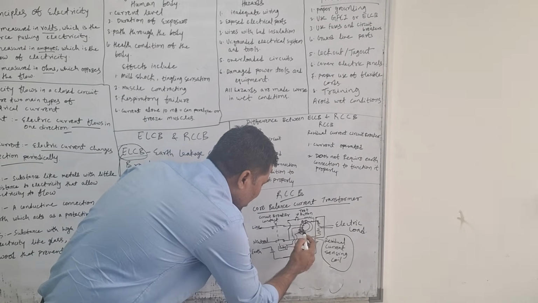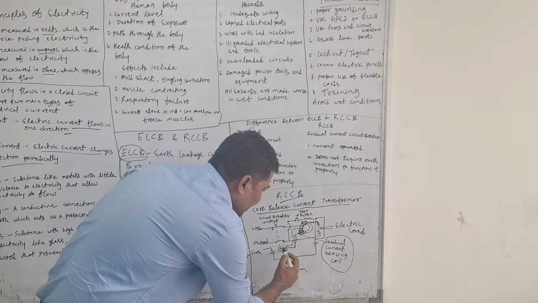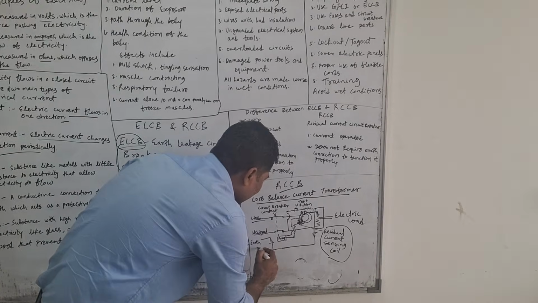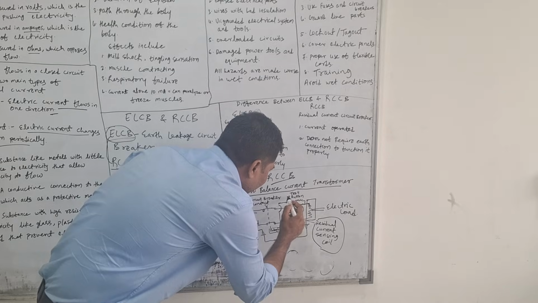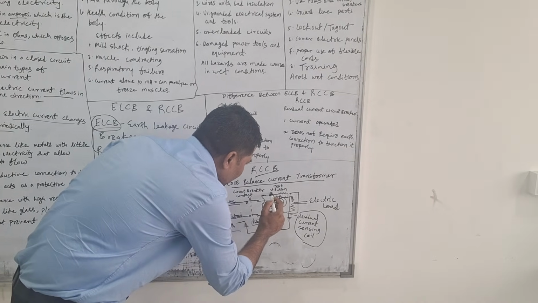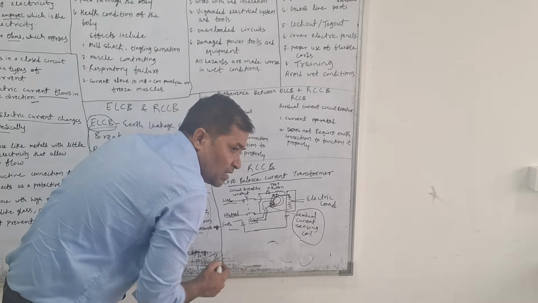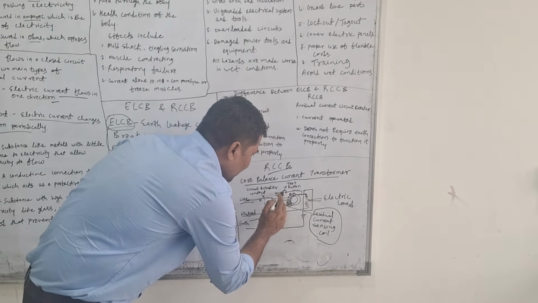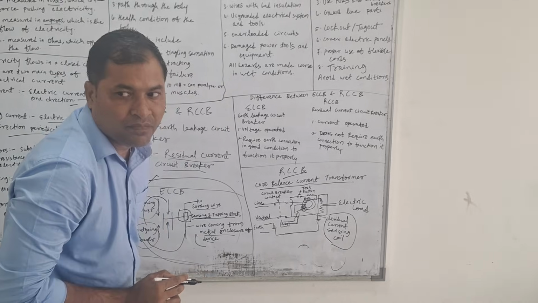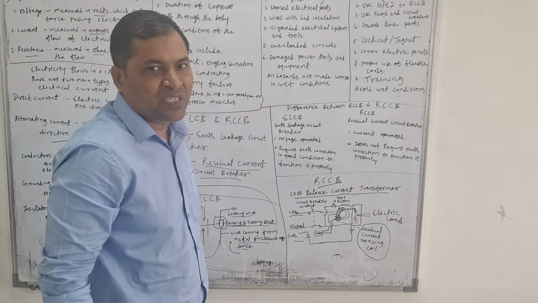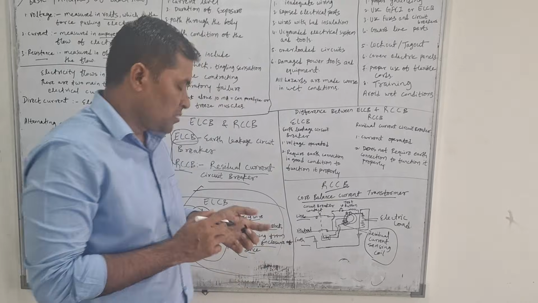The sensing coil carries current to the relay system, and these are the neutral, line and earthing connections. In this zone we have the test button. Once we switch it on, this line will join, and once we switch off, this line will automatically get off. So this is how the RCCB works.